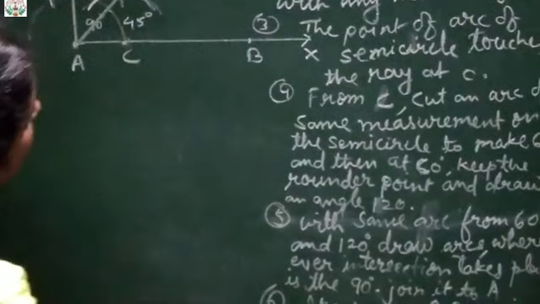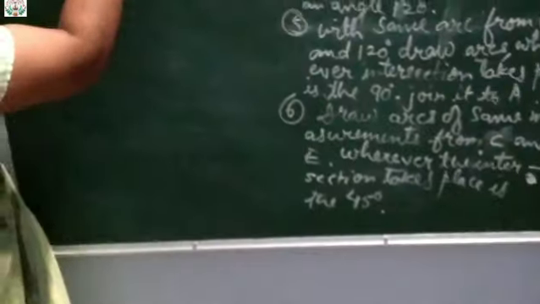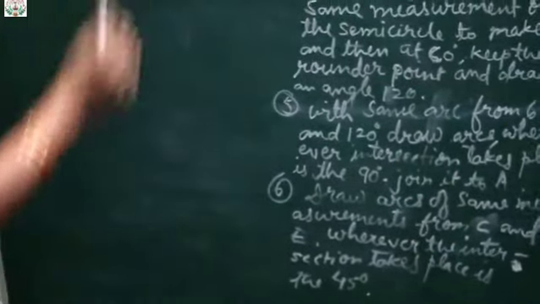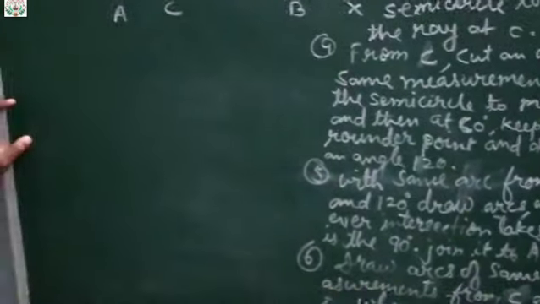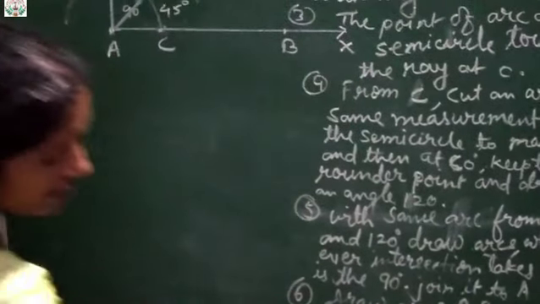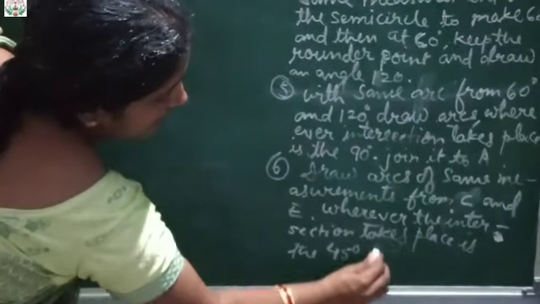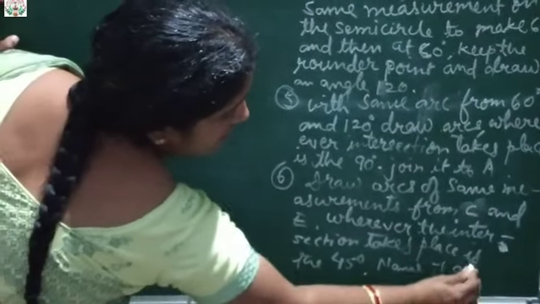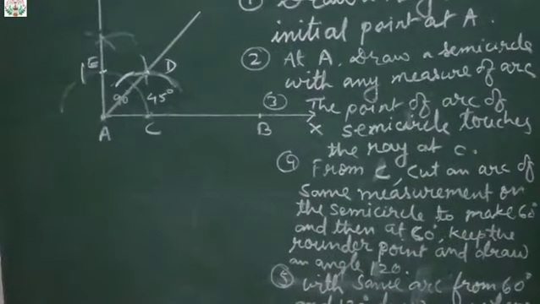So therefore you can write angle, this particular point we can give it as D. Okay, so wherever the intersection takes place, that is D. Name it as D. Got it?